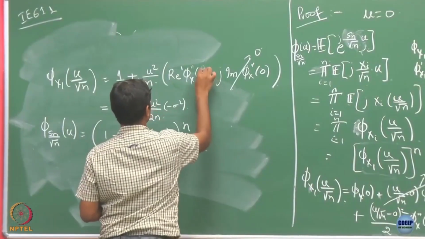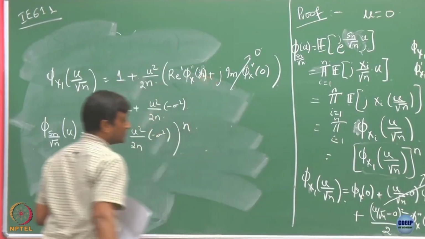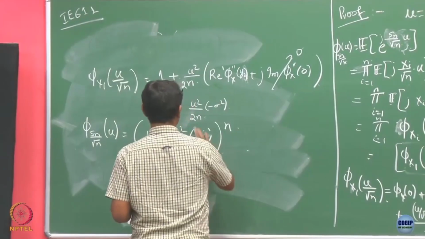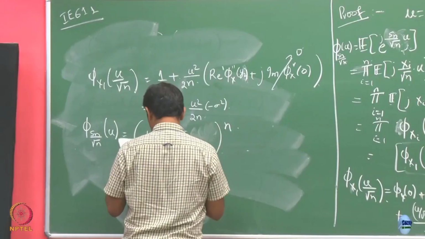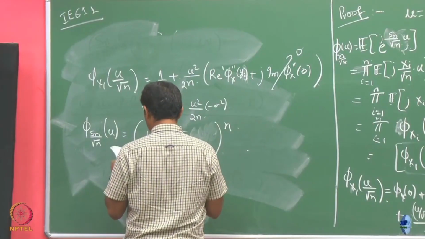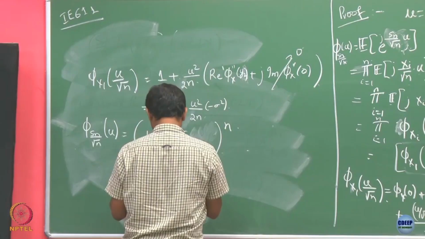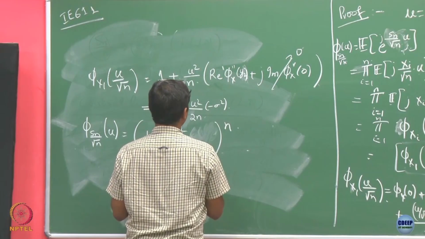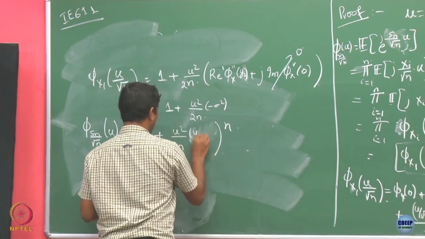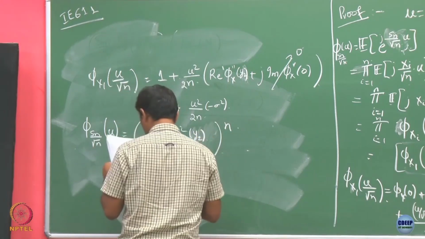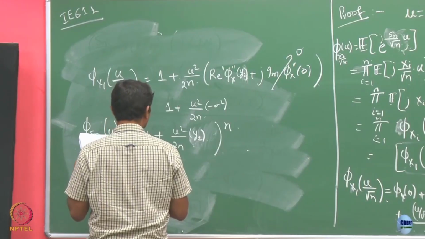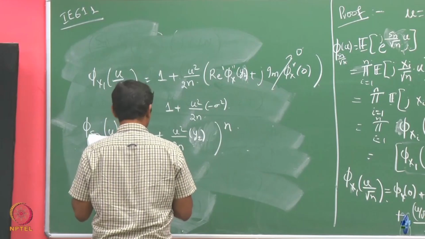So let me just correct this. This is going to be yn here, which is going to be 0.